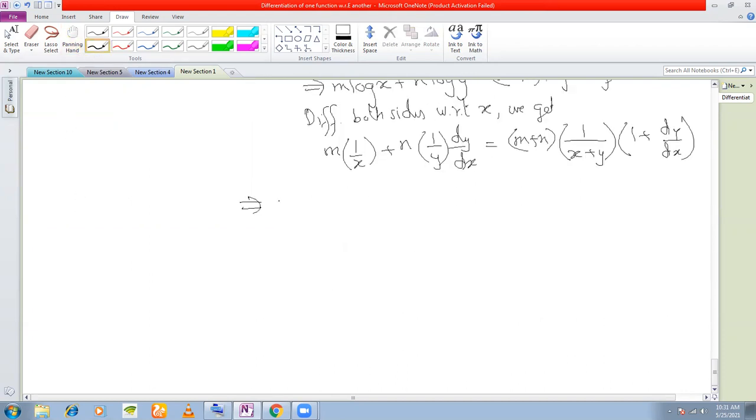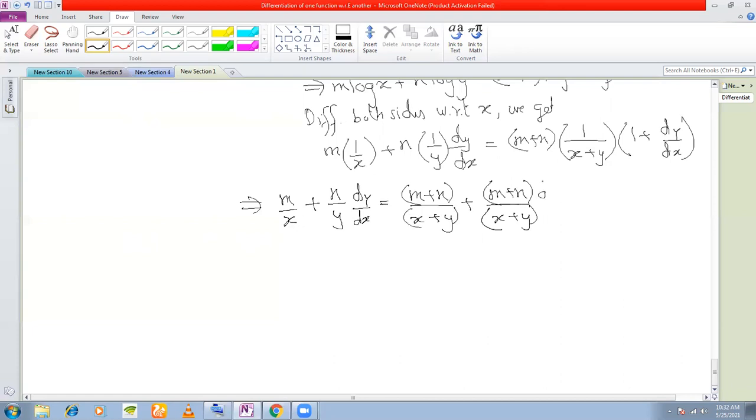So next step, m by x plus n by y dy dx is equal to m plus n by x plus y plus m plus n by x plus y into dy dx.